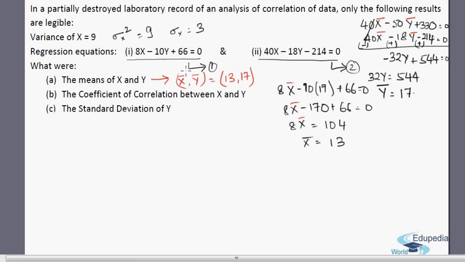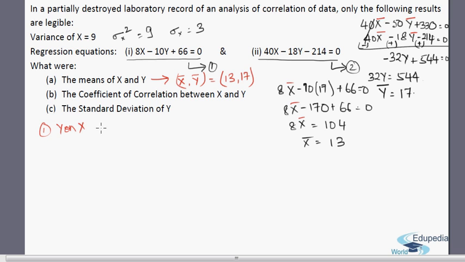Next, going to the second one, the process. We'll have to take both of these equations and assume them as either x dependent on y, or y dependent on x. So let's assume here that the first equation is y on x. Let me write it in that form.